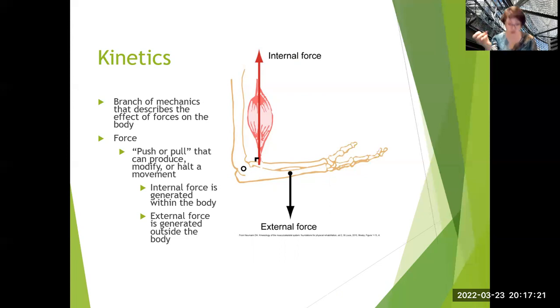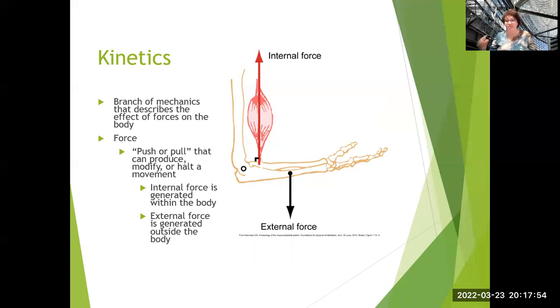External forces are forces originating from outside the body, like gravity, any external load that you're carrying, like a bag or a dumbbell, or a physical therapist applying resistance to a movement. That's an external force. Kinetics is describing force as a push or pull that can produce, modify, or halt a movement. So internal force is generated within the body, external force outside the body.